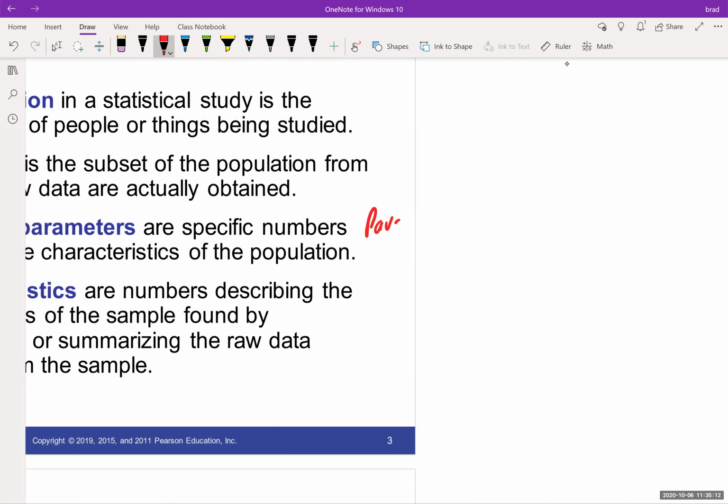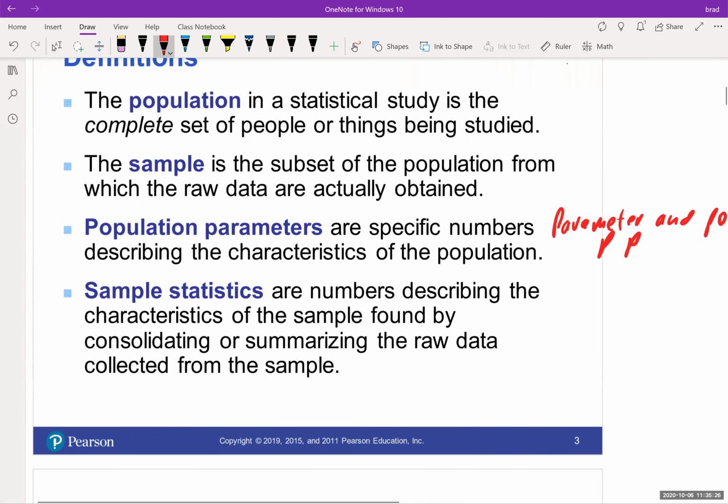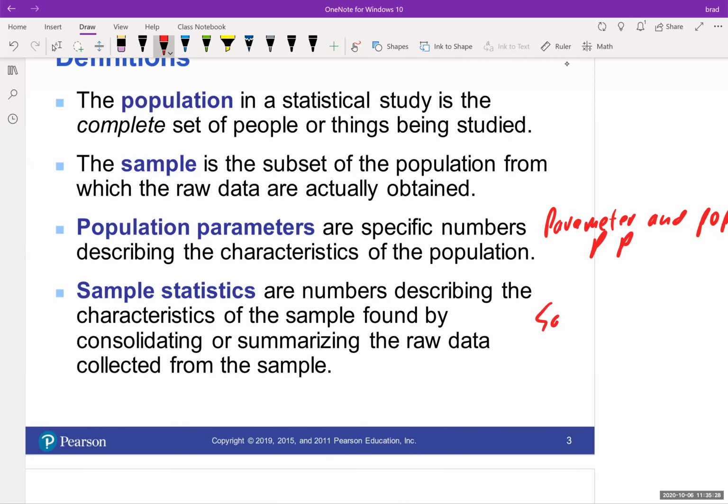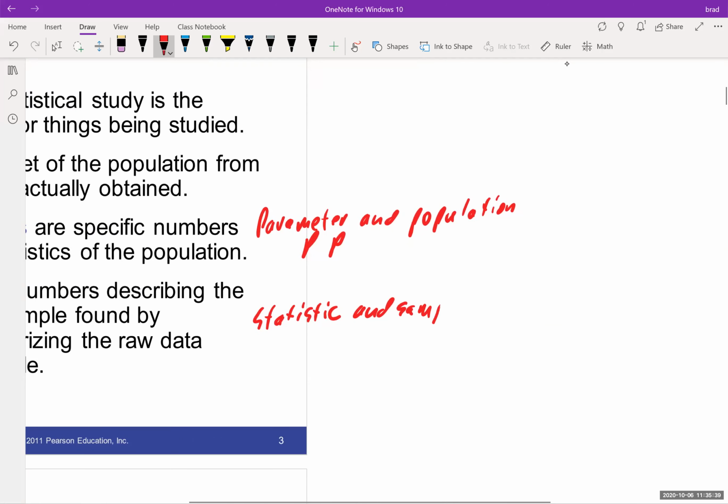So parameter and population. And I just think P and P, they go with each other. Parameter starts with a P, population starts with a P. Now look at this, sample statistic. Statistic and sample. They go together and they both start with S.